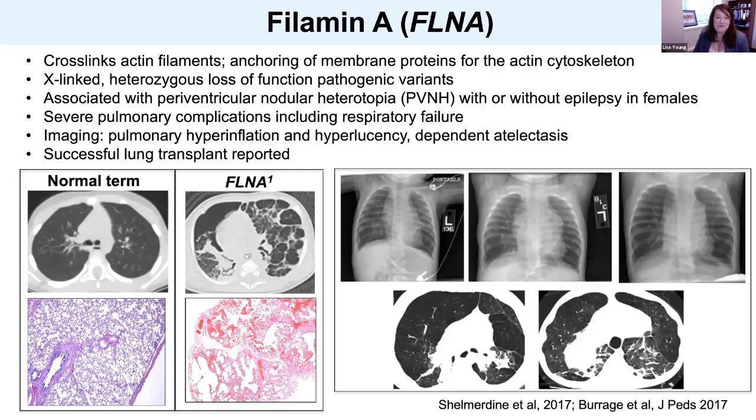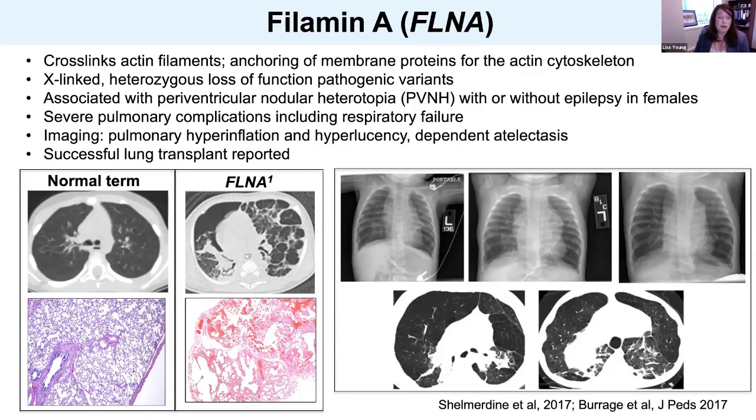Filamin A is one that we've not known about in the lung disease world for but really a handful of years. It's associated with periventricular nodular heterotopia, so you'll see that by ultrasound or by MRI, and there can be quite severe pulmonary complications with hyperinflation and hyperlucency, dependent atelectasis, respiratory failure.